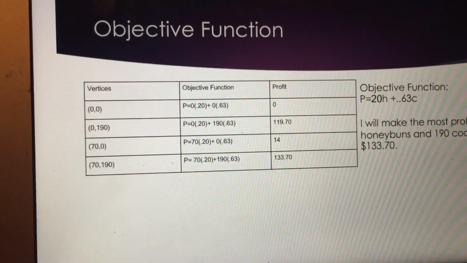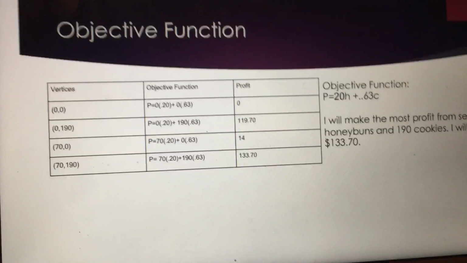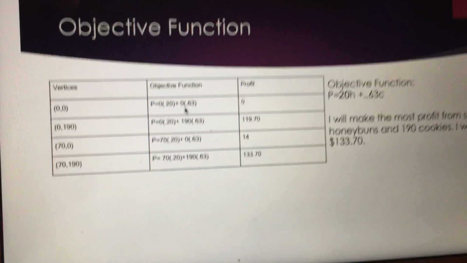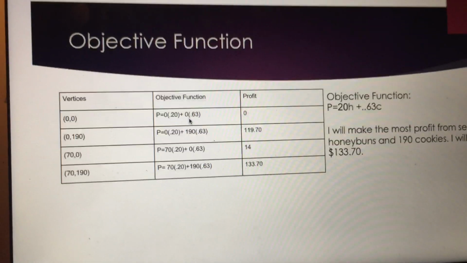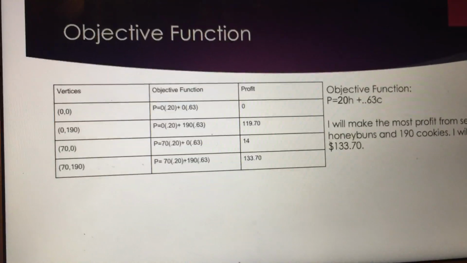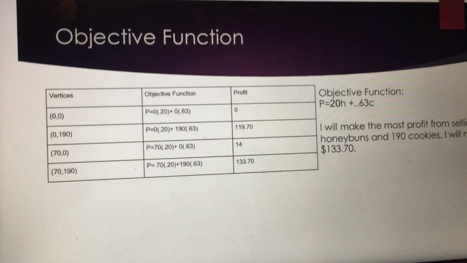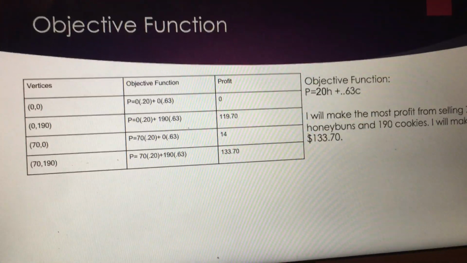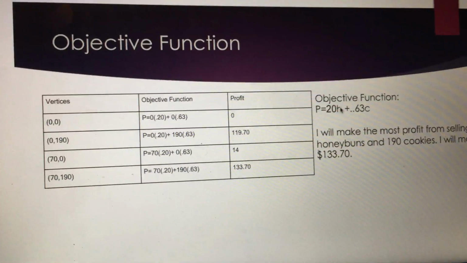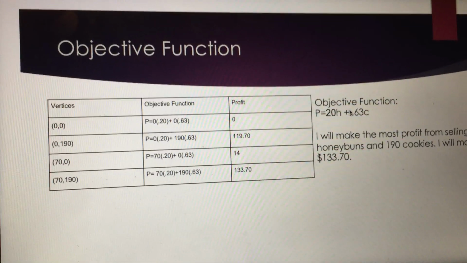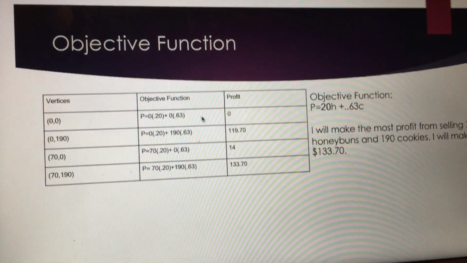I was selling my honey buns for $1 and it cost me 80 cents. So when I take my sell price and subtract my cost, that tells me my actual profit. Similarly, I profit 20 cents on my honey buns, so I have my objective function and my vertices here.